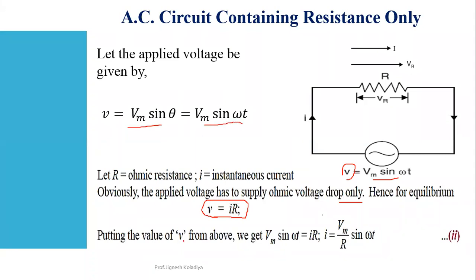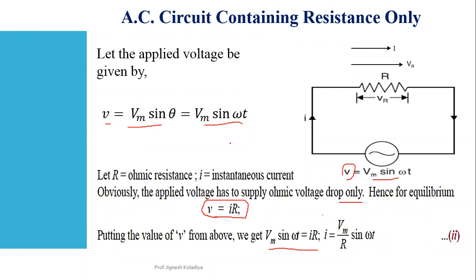So putting the value of V from this equation, V is equal to IR can be written as Vm sine omega t is equal to IR. So I have to identify the relation between voltage and current. Is there any phase shift, or is there any leading or lagging relation or not?